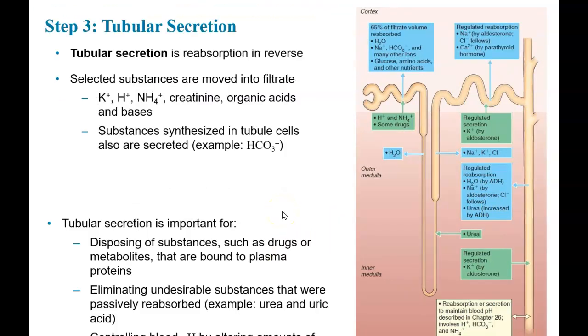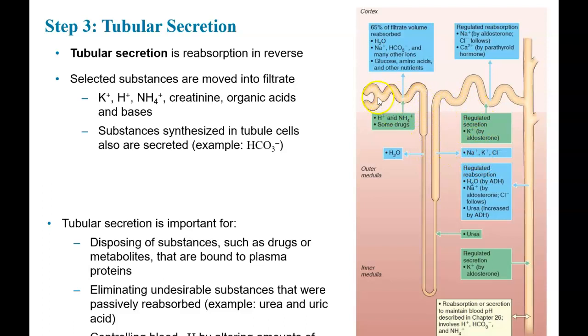Tubular secretion is going to be reabsorption, but in reverse. So here we're going to focus on the green squares, because that's where substances are moving from the blood vessels. Something you should keep in mind is that there are blood vessels here running over the nephron.